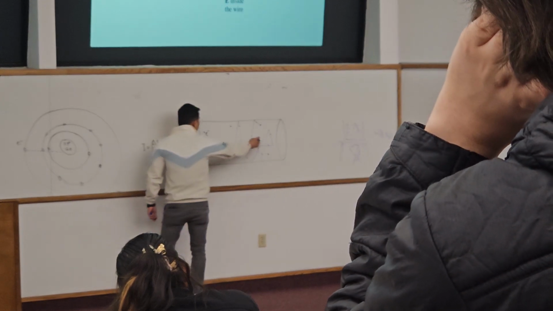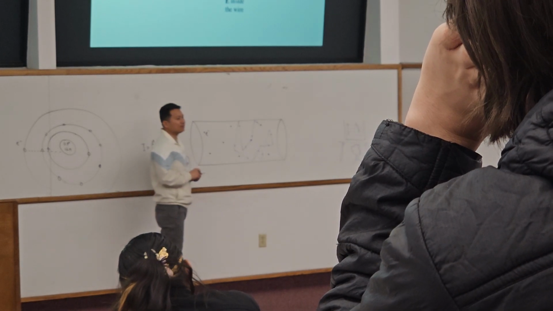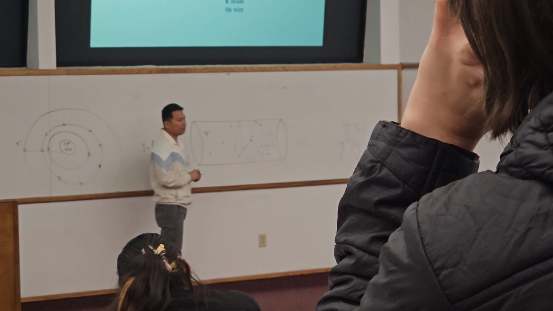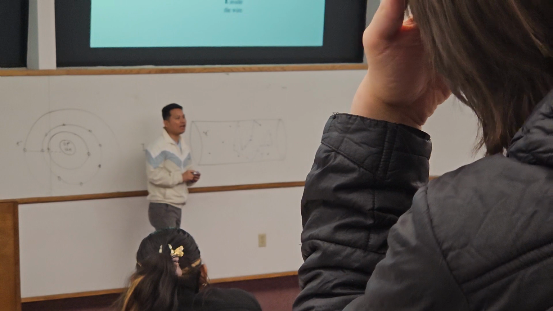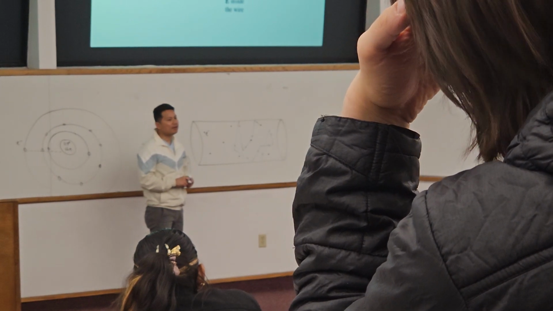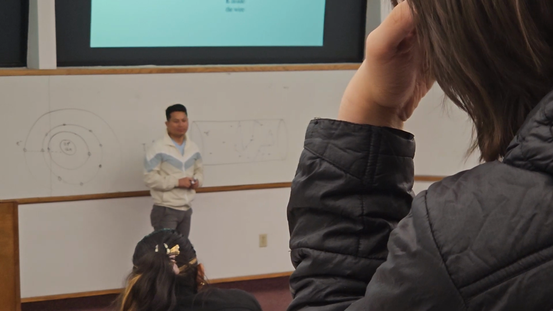That means electrons have to come from here to here to flow the charge, to make a current flowing through this wire. But here, if you do not have a battery connected, the electrons are in random motion.